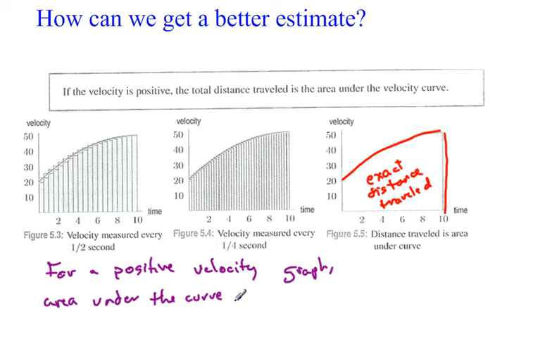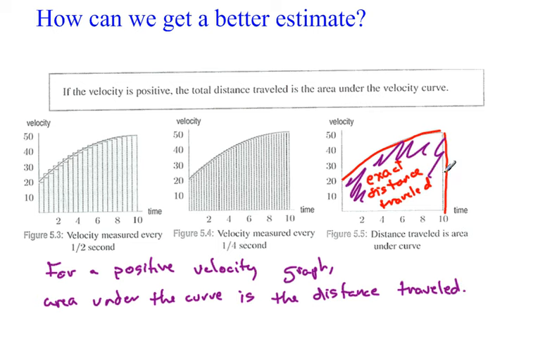So area under the curve is the distance traveled. This is a huge thing to have figured out. And if you've been taking physics this year, you already know that.